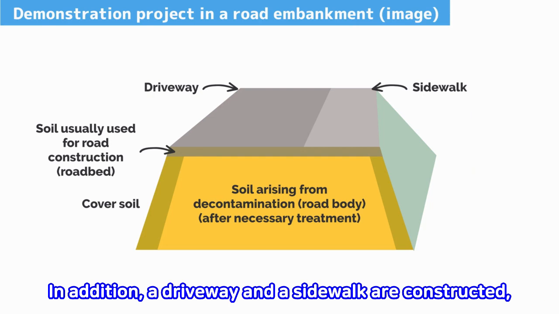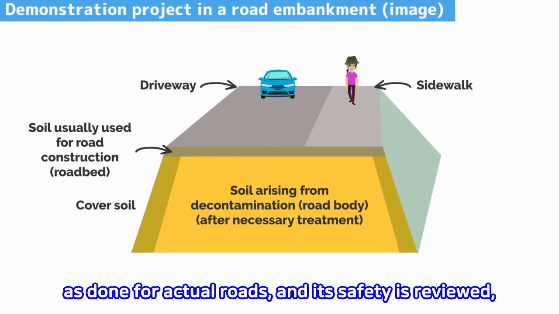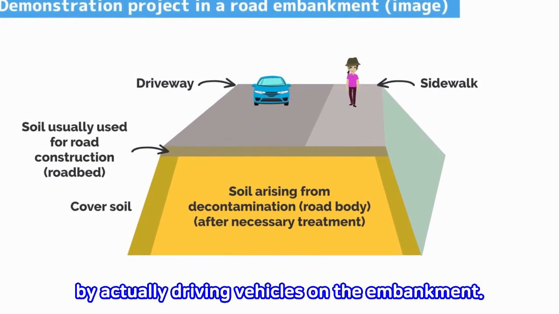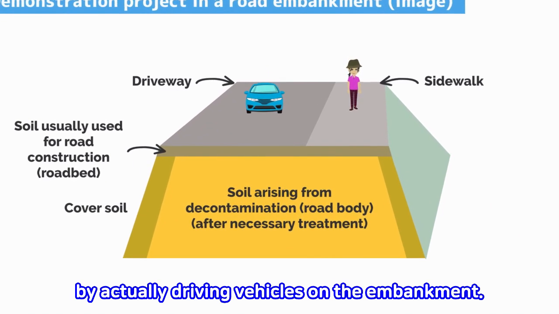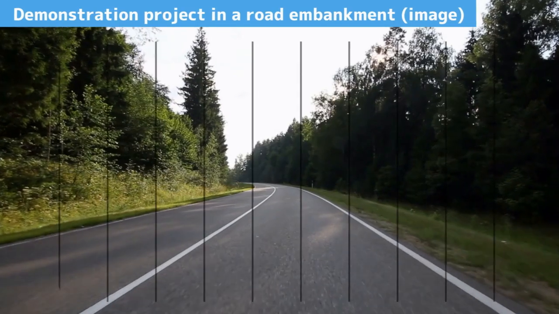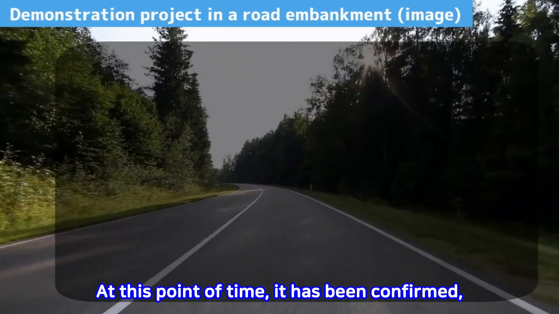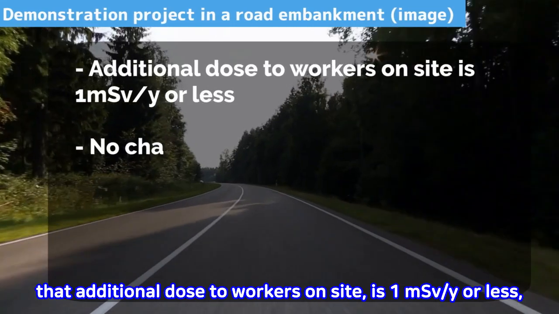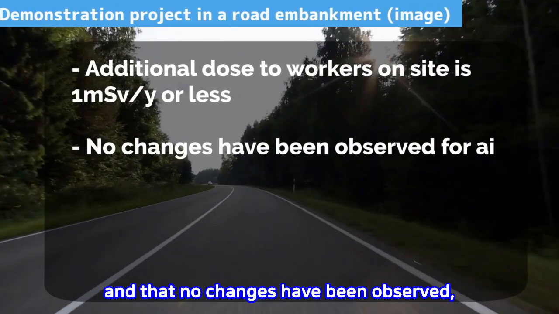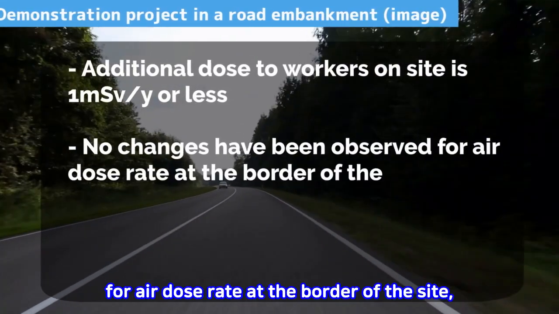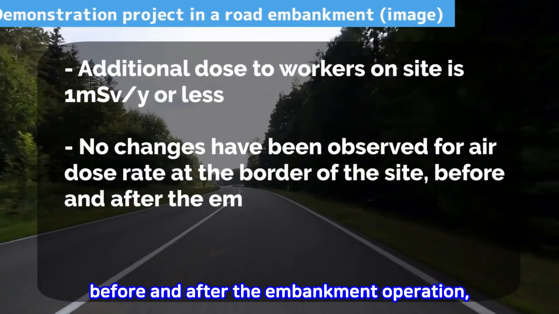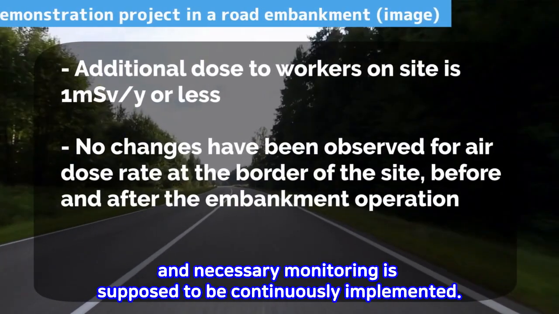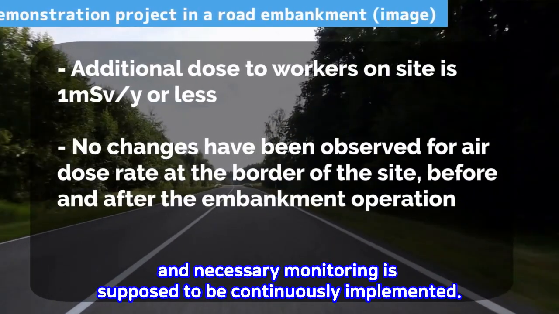In addition, a driveway and a sidewalk are constructed, as done for actual roads, and its safety is reviewed by actually driving vehicles on the embankment. At this point of time, it has been confirmed that additional dose to workers on site is 1 millisievert per year or less, and that no changes have been observed for air dose rate at the border of the site, before and after the embankment operation, and necessary monitoring is supposed to be continuously implemented.